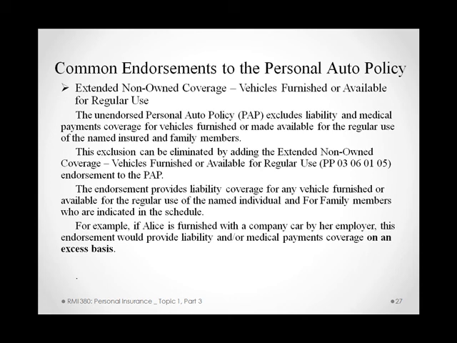However, if you do have those cars, you may want to have them covered. For example, if Alice has a car furnished as a company car by her employer, this endorsement would provide the liability and medical payments coverage on an excess basis.